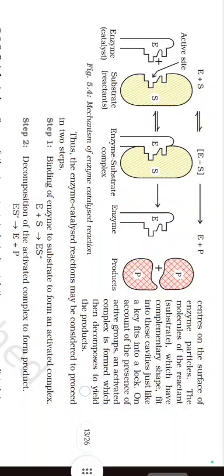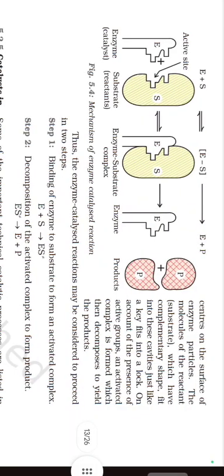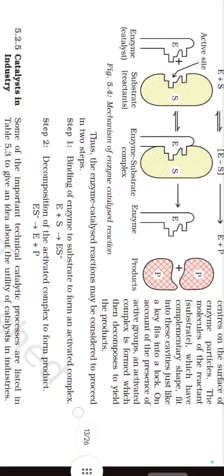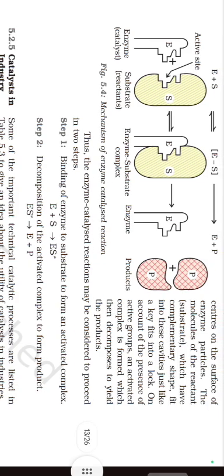The molecules of the reactant substrate, which have complementary shape, fit into these cavities just like a key fits into a lock, on account of presence of active groups, and an activated complex is formed, which then decomposes to yield the products. Figure 5.4: Mechanism of enzyme catalyzed reactions.